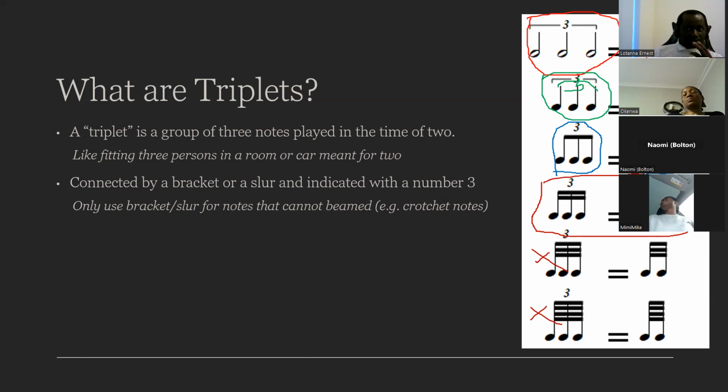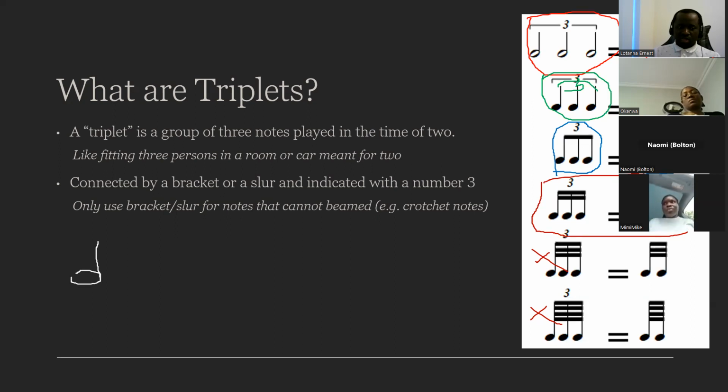Now, please, it's not always the case that your triplets will be the same notes. For example, if you look at the first one, the triplet means you play them in the time of 2. It's also possible that you could have something like this.